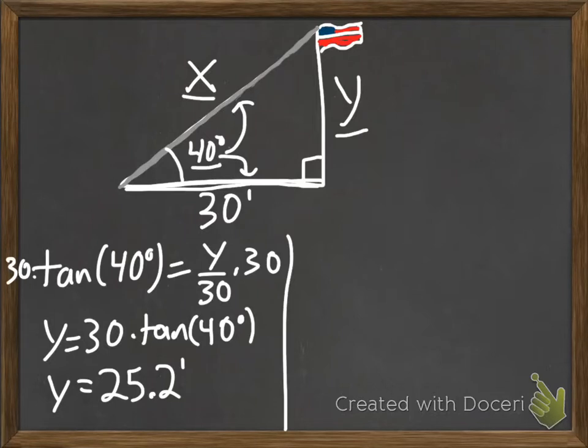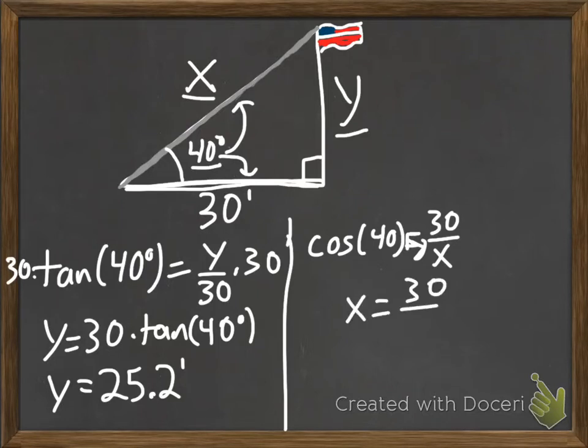The cosine of 40 is equal to 30 over X. And to solve this quicker, we're just going to do that trick where we switch these two. So we get X is equal to 30 divided by the cosine of 40 degrees.